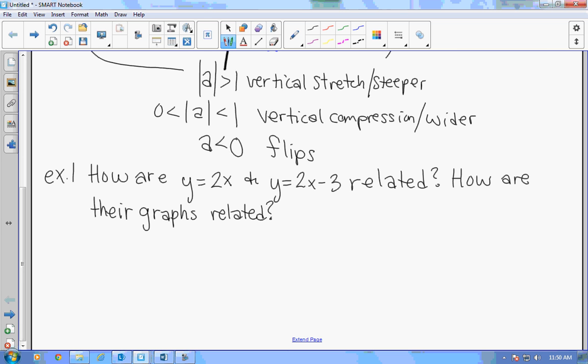Okay, hold on. That seems sturdy now. This one's a crappy pencil.